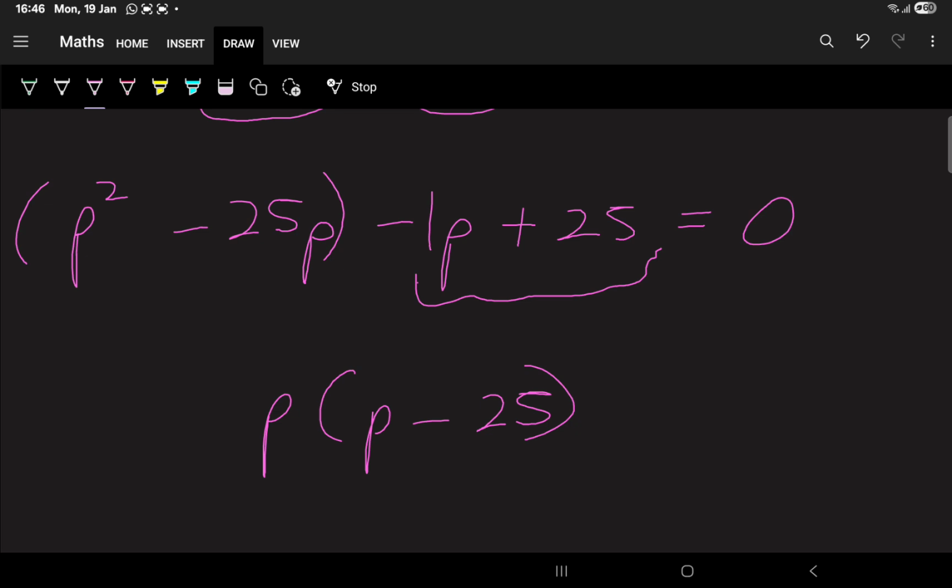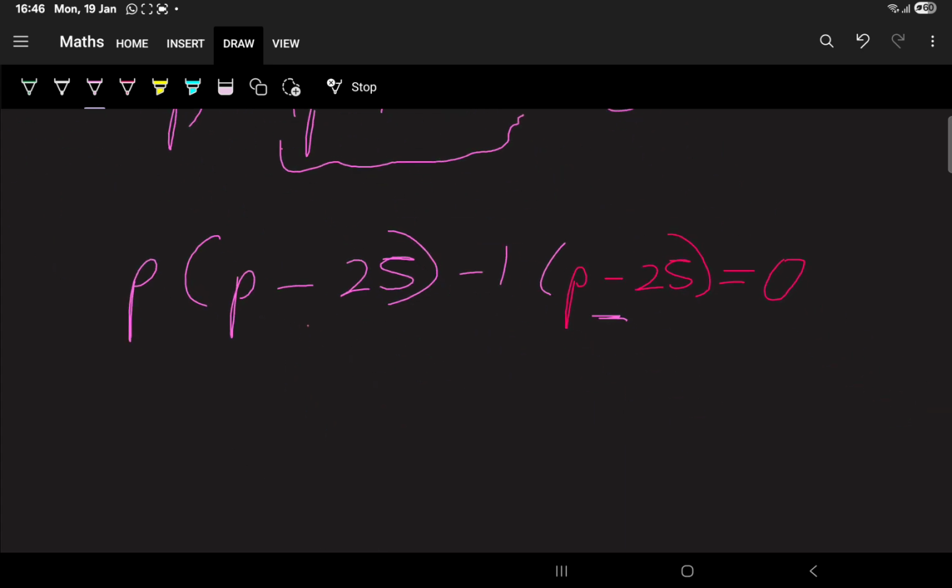I know this is factorizable, it's not something where I need to use the quadratic formula. My goal is to make whatever is in this bracket the same as this. So what I can do to make that happen is factor negative 1. Factoring negative 1, I have p minus 25 over here, and it equals 0.